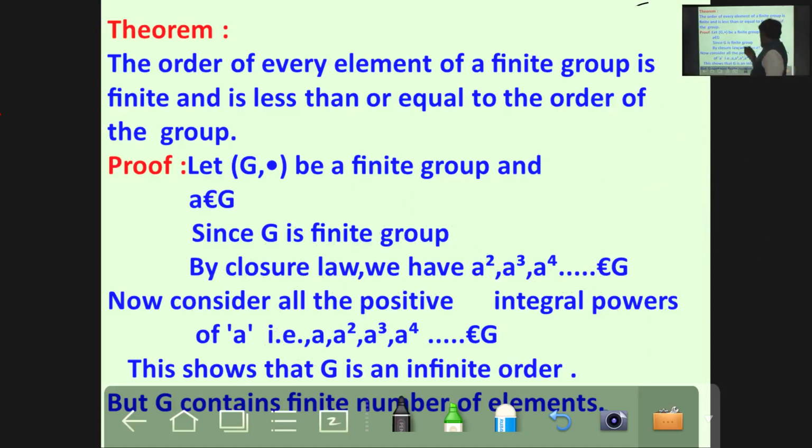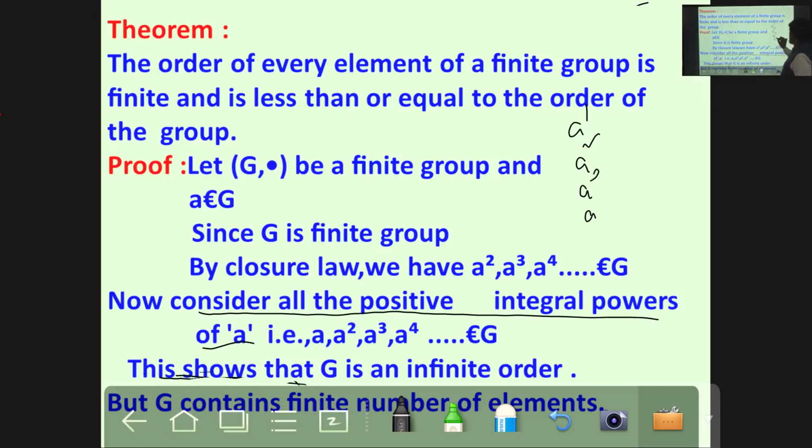Now, our observation: consider all positive integral powers of a, that is a to the power 1, a squared, a cubed, a to the power 4 and so on.